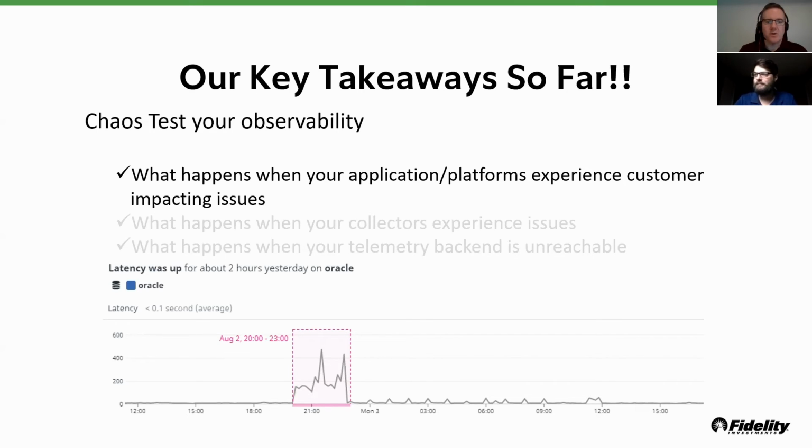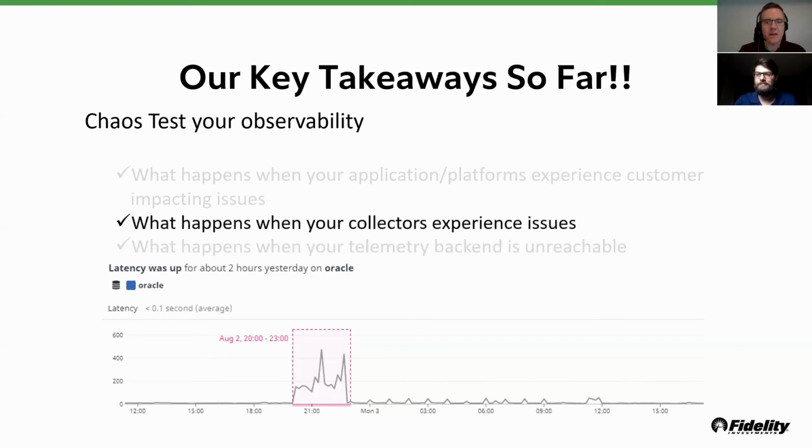And if so, was there an action around that? So, was there some monitor that got triggered or whatever? These are all the types of things you would be looking for, so that in a real world scenario where there was unexpected latency that your customers could be impacted by, you would have that surfaced into your telemetry backend.